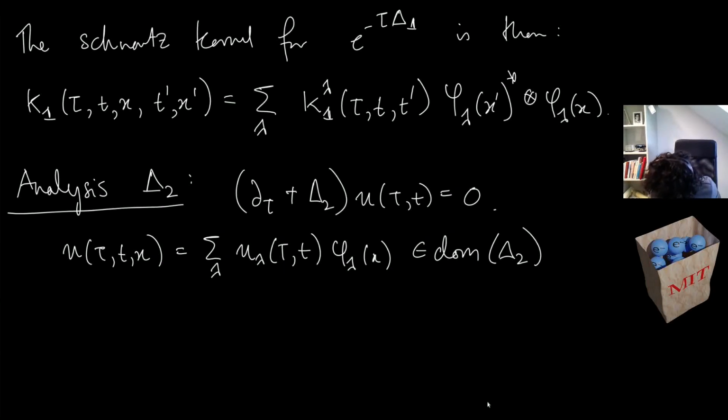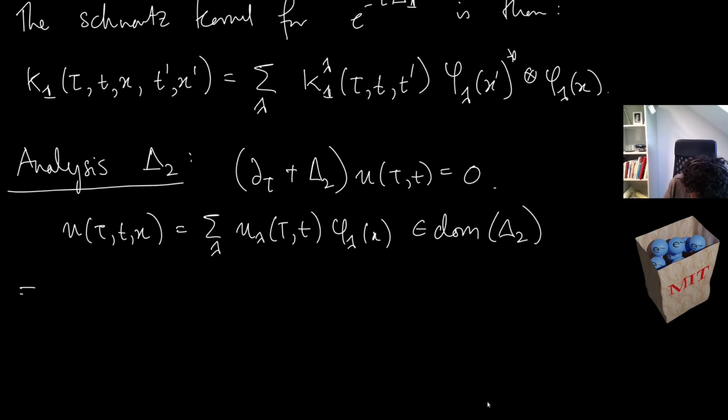Sorry, I don't know why I keep calling the Laplacian lambda. It's delta. The eigenvalues are lambda. Okay, and so through a similar analysis, we can check that this occurs if and only if u tau t 0 is 0.